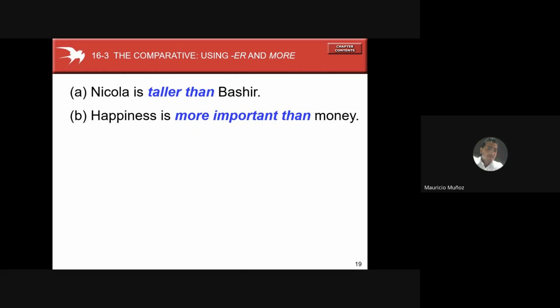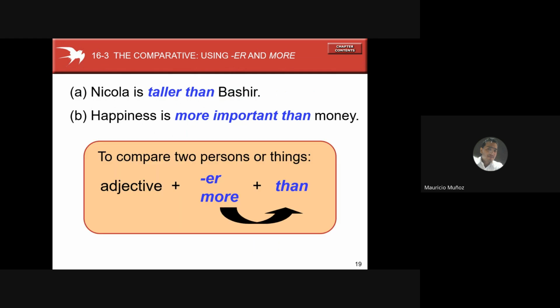Nicola is taller than Bradley, and happiness is more important than money. So to compare two things, two animals, two places, we have two options. Remember, for short adjectives, we add the suffix er, and for long adjectives, three or more syllables, we write the word more before them. And don't forget to include in the sentence the word than. Okay?